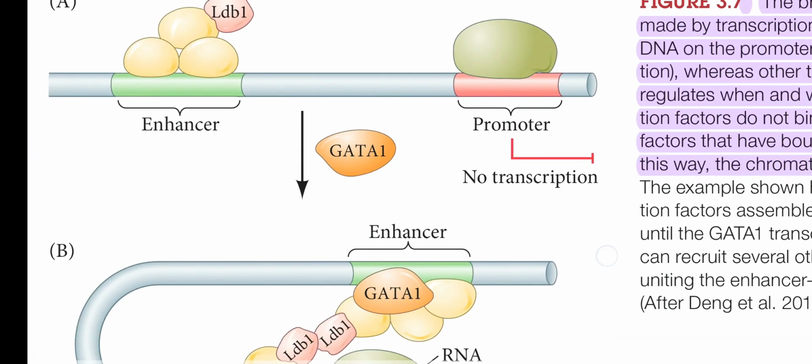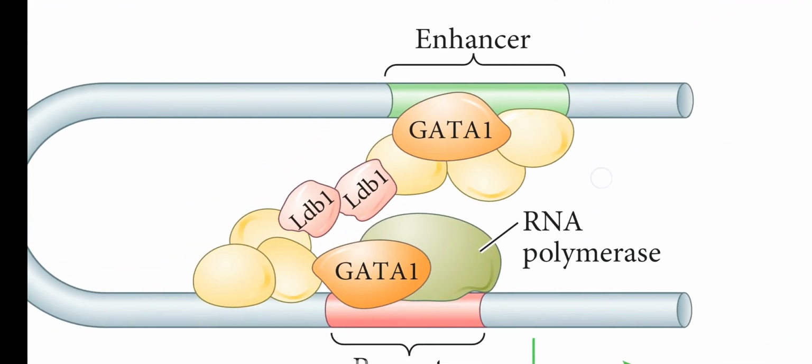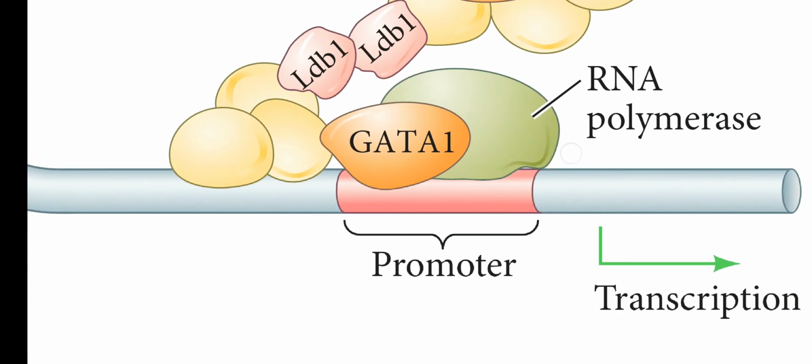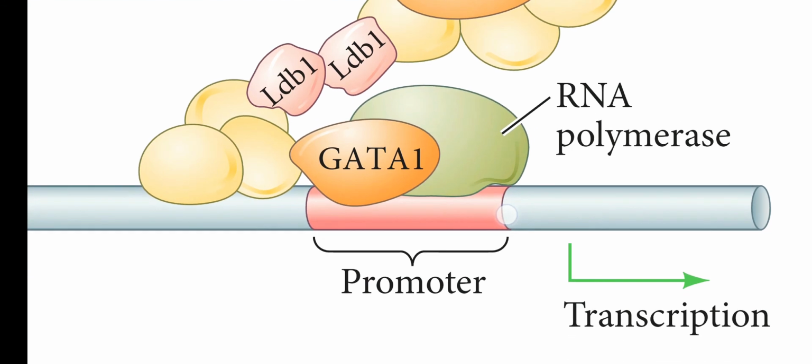And some intermediate binding proteins, as you can see very clearly in the picture, show a promoter region bound with RNA polymerase with the help of some transcription binding protein, which identifies that particular sequence in the gene and allows this RNA polymerase to bind to that region.